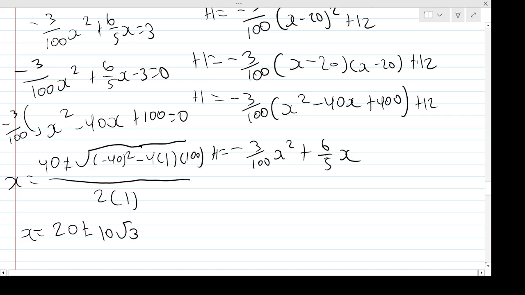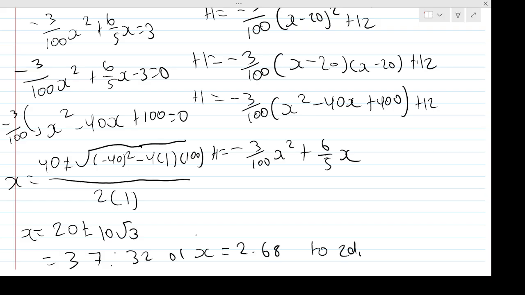Okay, so as a decimal, to make it easy to see, either x is 37.32, that's 20 plus 10 root 3, or x is going to equal 2.68 to 2 dp, right?